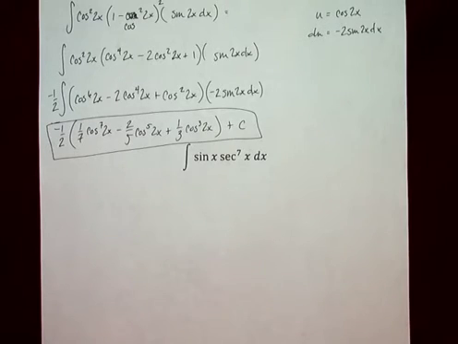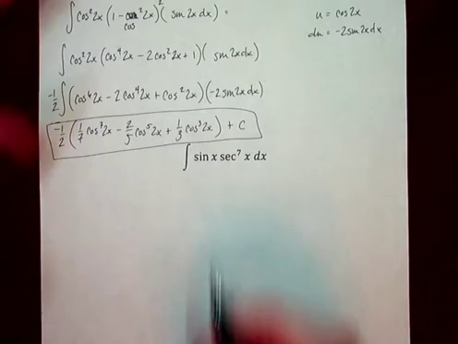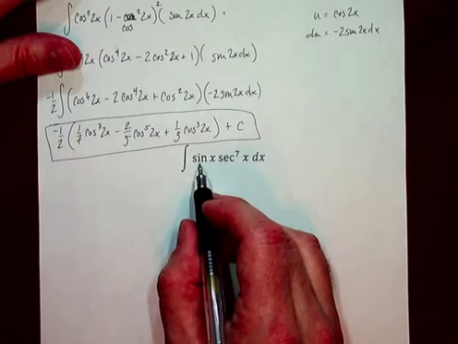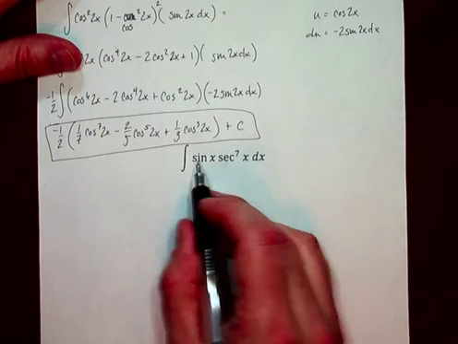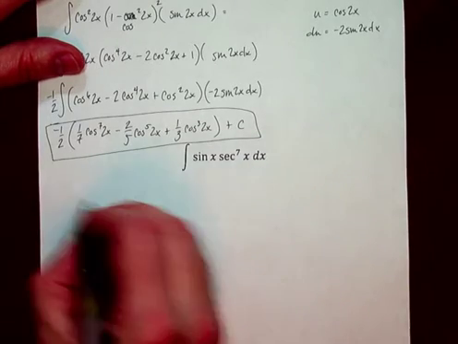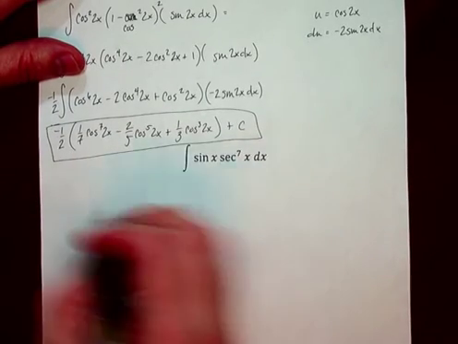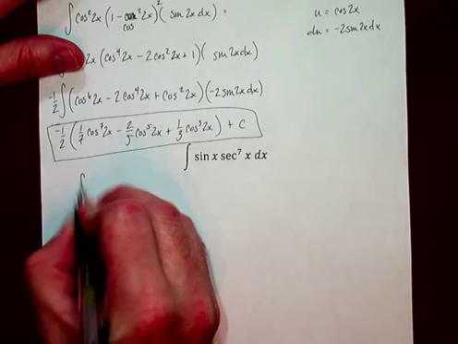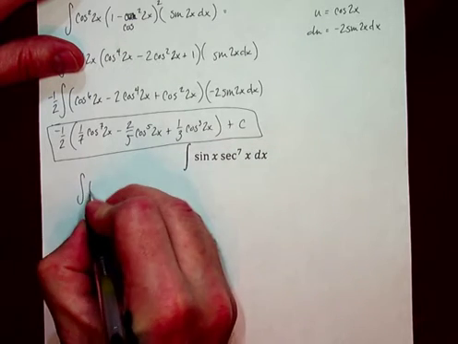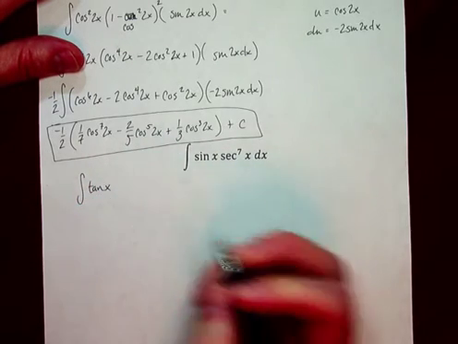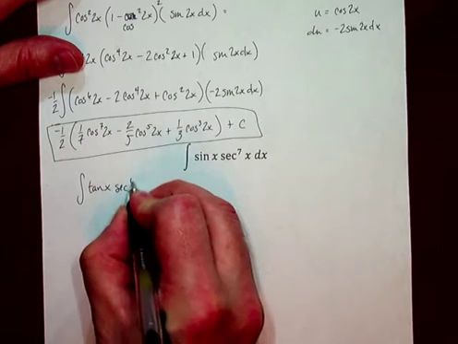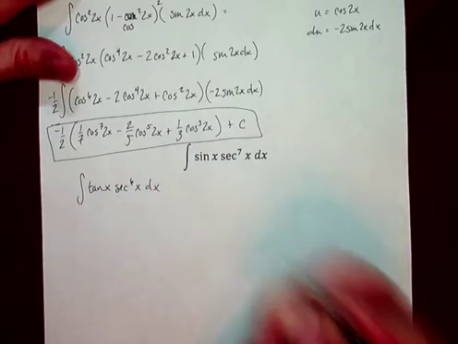Okay. What happens here is sine needs to become tangent, and in order to do that, it needs to borrow a secant from this secant to the 7th. So what happens here is when it borrows that, it becomes tangent x, and that secant is now secant to the 6th x.